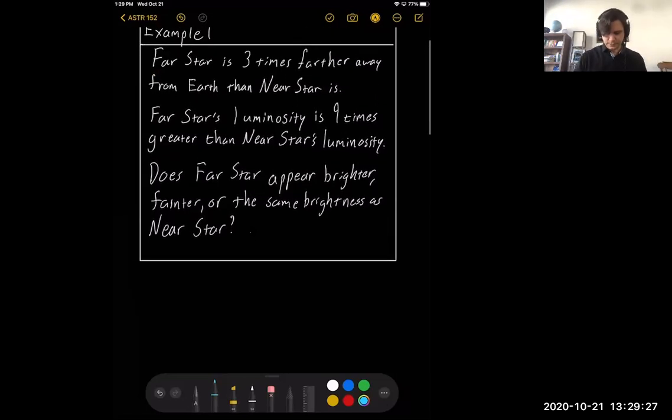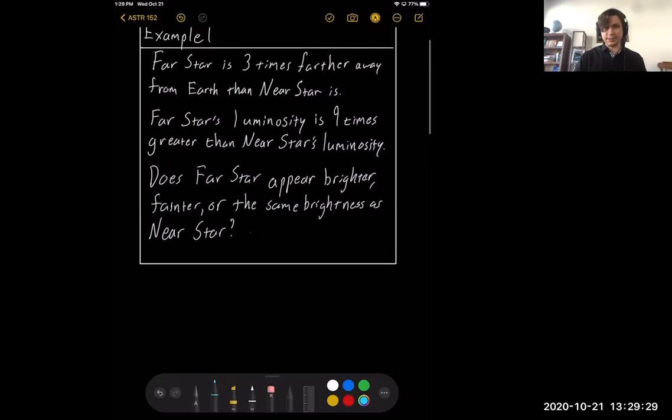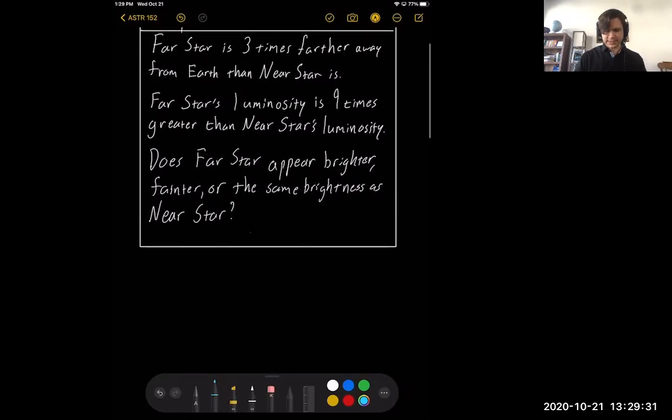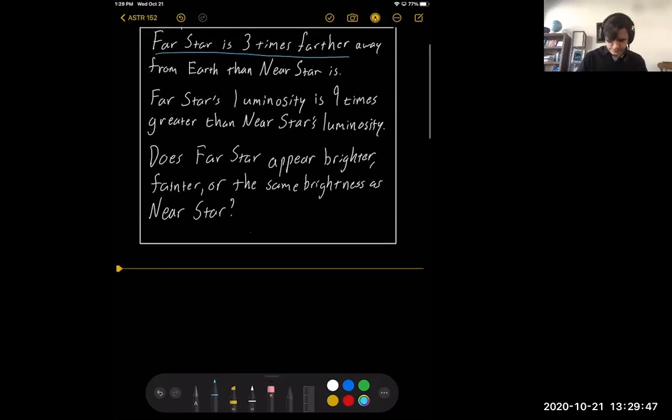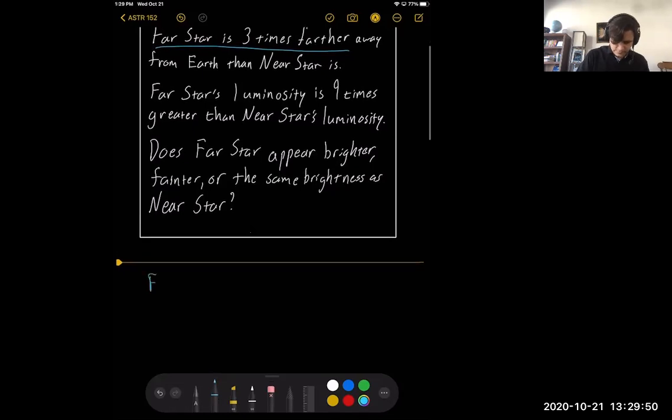All right. So unfortunately, I don't think I can put all the text on here. So I'm just going to slide this down and I'm going to copy down the relevant information. So I have far star is 3 times farther away.